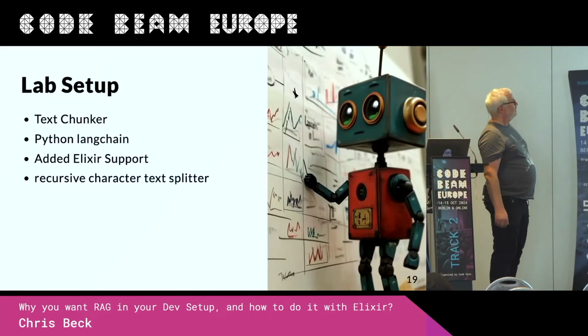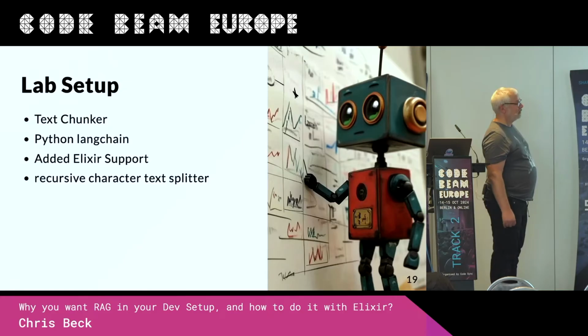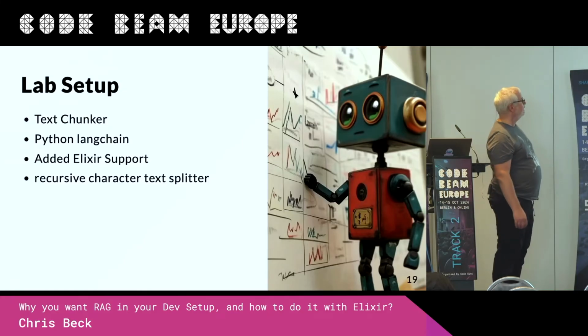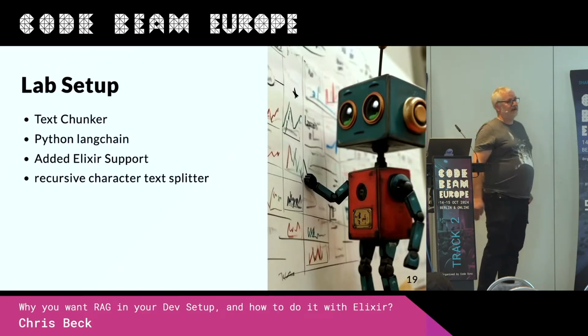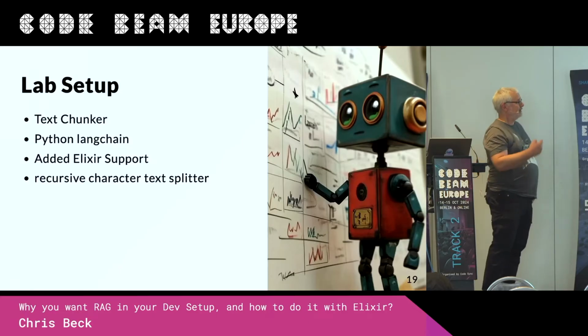With Python, we needed to add the Elixir support, which got merged quite quickly. And the results between those two were basically the same. It's not so surprising because the recursive character text splitter, the Elixir version, is basically a re-implementation of that strategy.